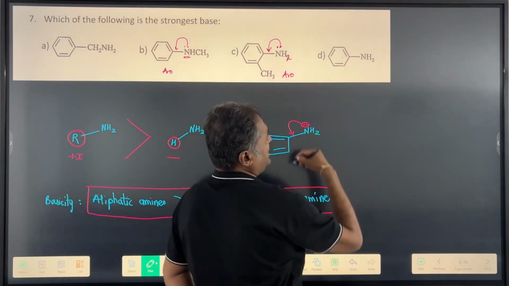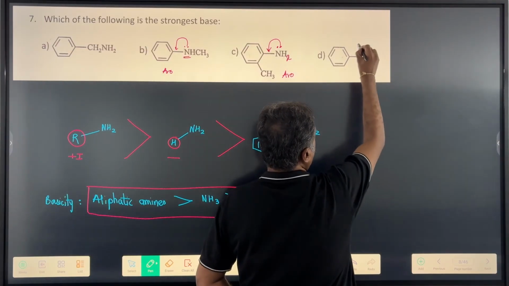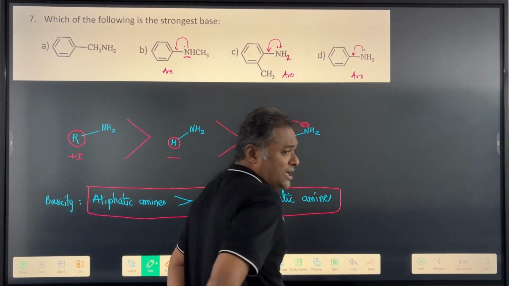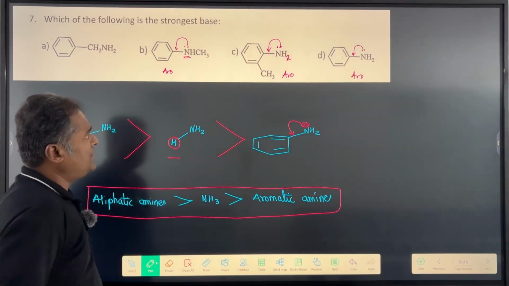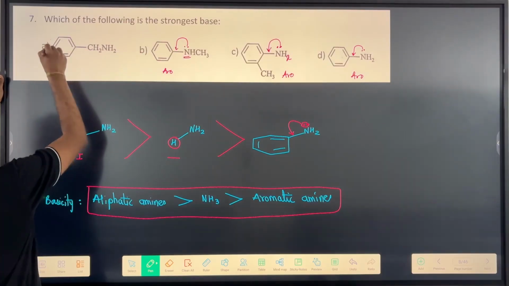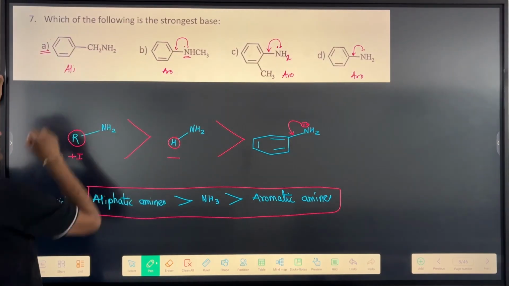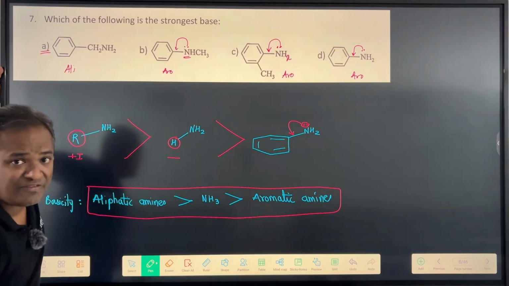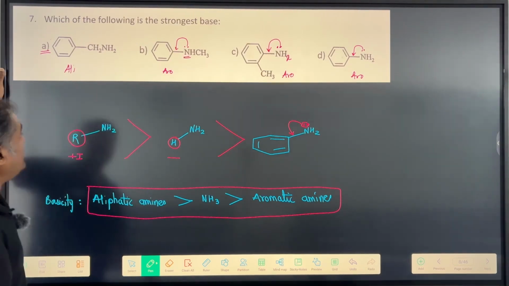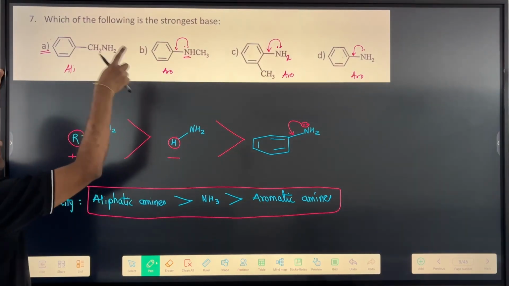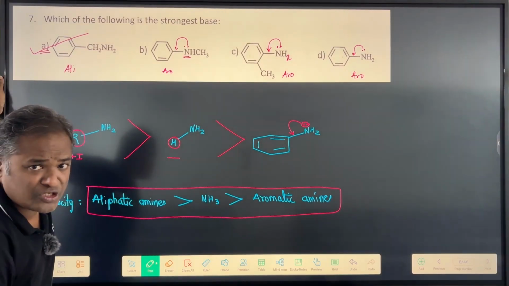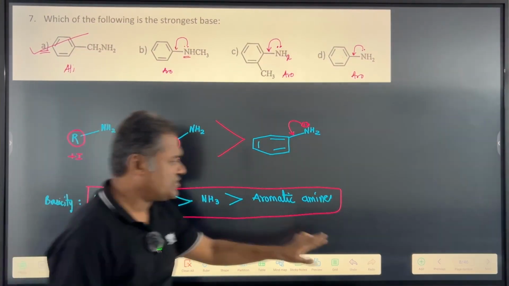In example D, again it's an aromatic amine, again resonance is involved, so basicity is less. So out of these 4 examples, B, C and D are aromatic, whereas A is an aliphatic amine. Out of aliphatic and aromatic, whose basicity is maximum? It's aliphatic. So the correct answer for this MCQ is A. Hope this is clear, child. Let's proceed with the next question.